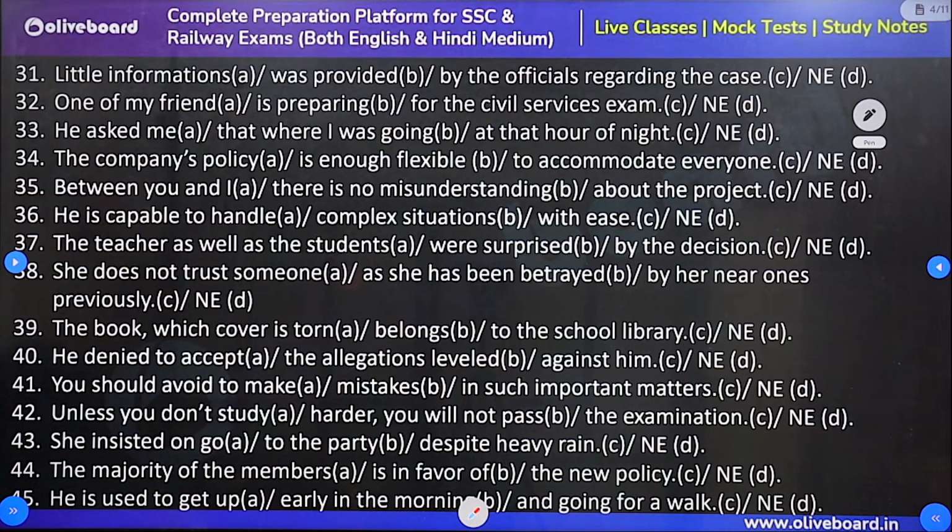Vignesh, done. 40. 41. 42. 43. 44. And 45. Impressive. Sandhya. Superb.